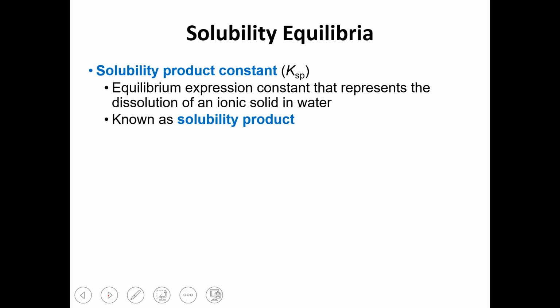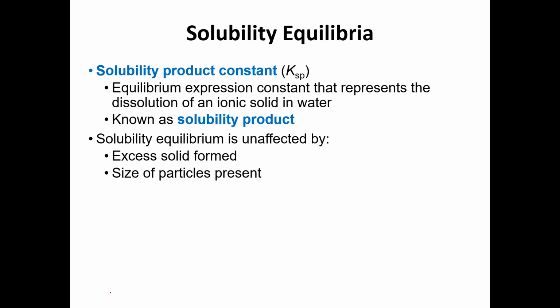So Ksp is what we call the solubility product constant. It's an equilibrium expression that represents how much of an ionic solid will dissolve in water. So it's also called the solubility product.